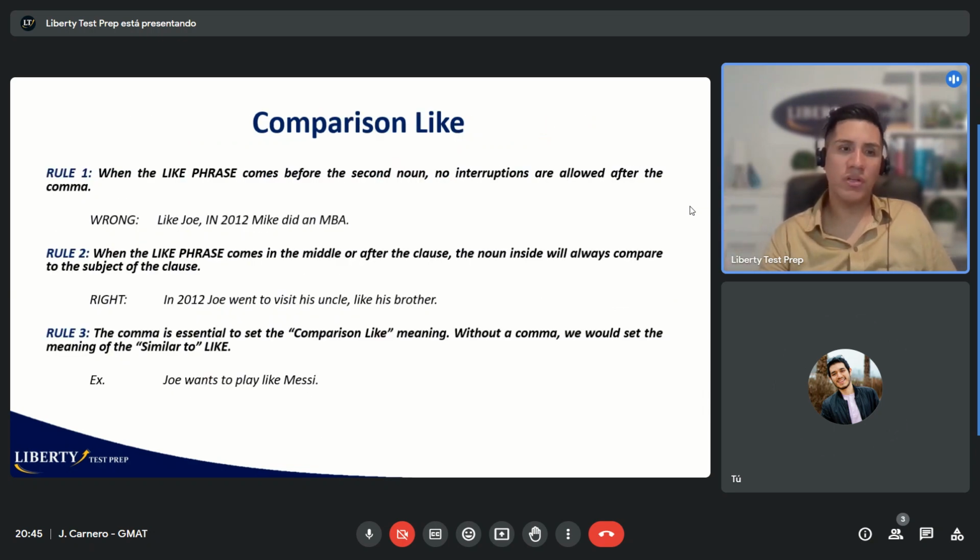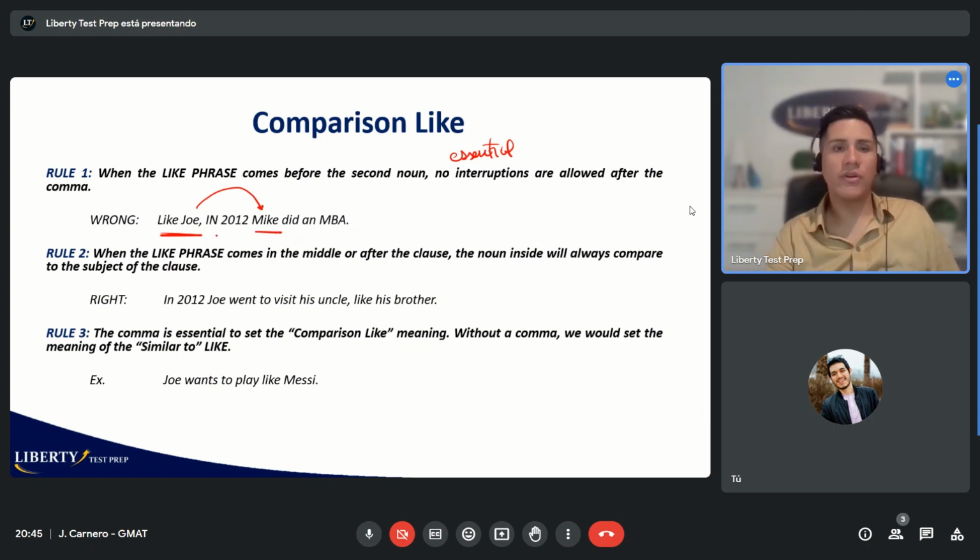Now, more theory about like, especially when the like phrase comes before the second noun. When you start with the like phrase, no essential interruptions are allowed before or after a comma. So you have "like Joe," and you want to compare Joe here to Mike. That's a comparison we want to make.